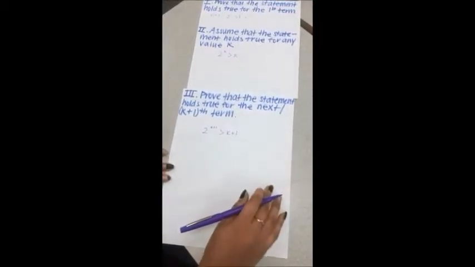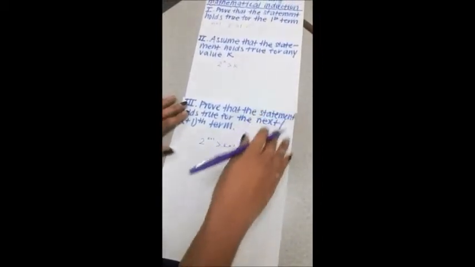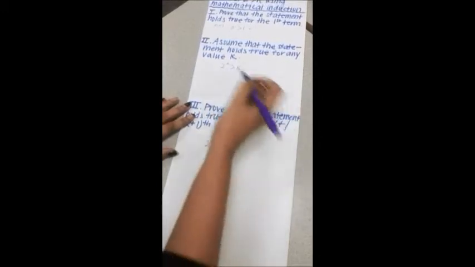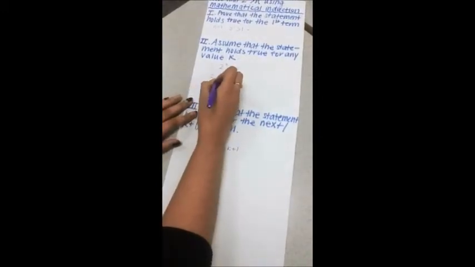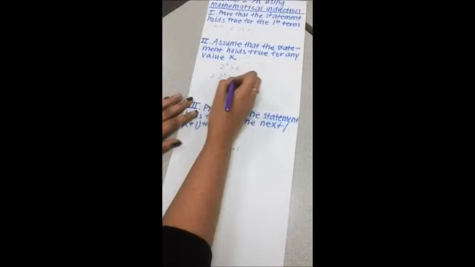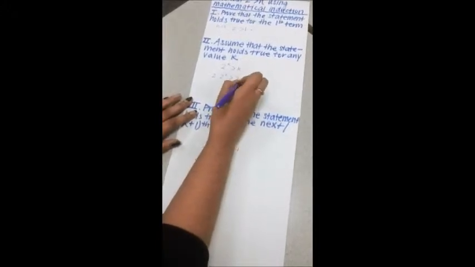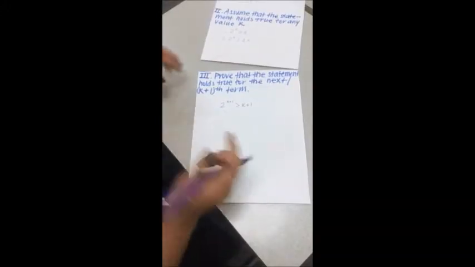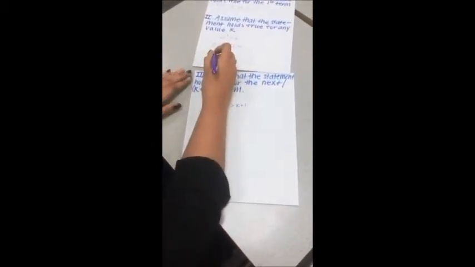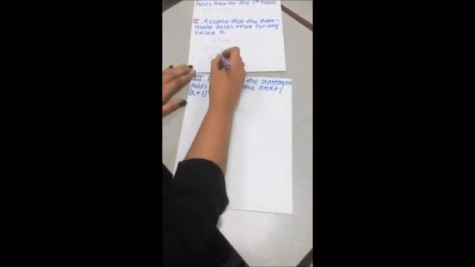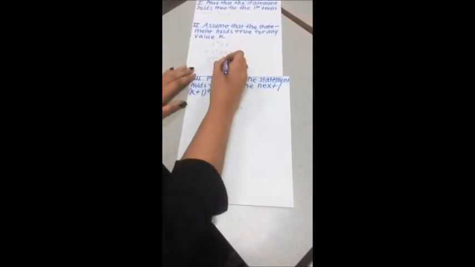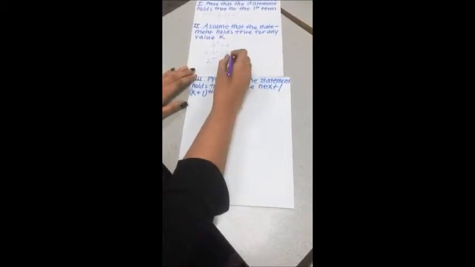So my first step is I'm going to multiply both sides by 2. So it's 2 times 2 to the power of k, which is greater than 2k. Then what we're going to do is use the transitive property. So this becomes, because of this 2 times 2, 2 to the power of k plus 1, and is greater than, I'm going to distribute this to k plus k, which is the same thing.